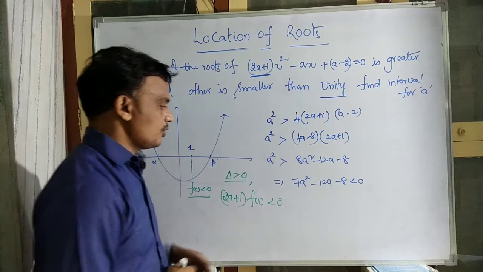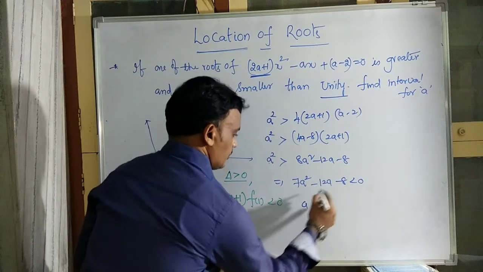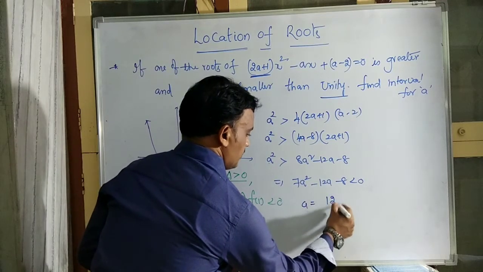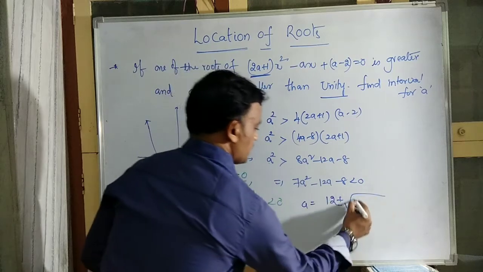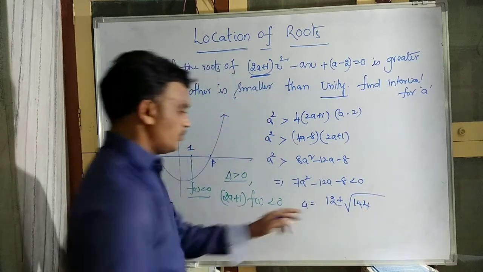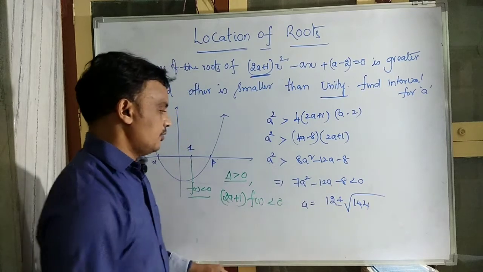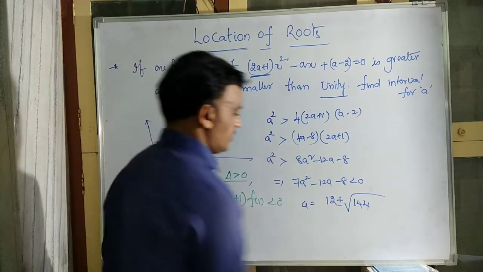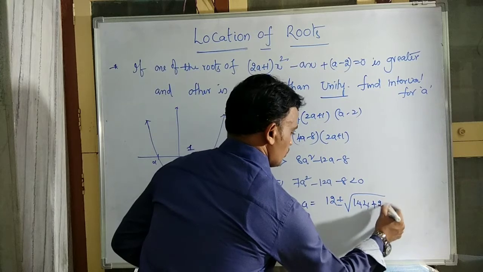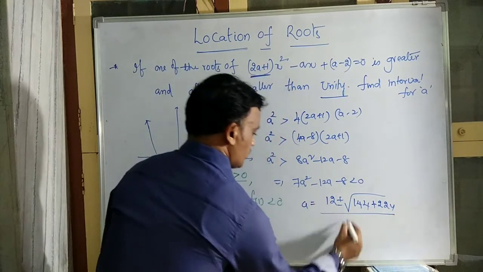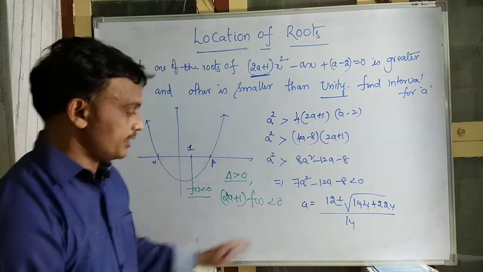So what are the roots? The value of a is minus b plus or minus root of b square minus 4ac, over 2a, that is 2 times 7, 14. This is the value of a.